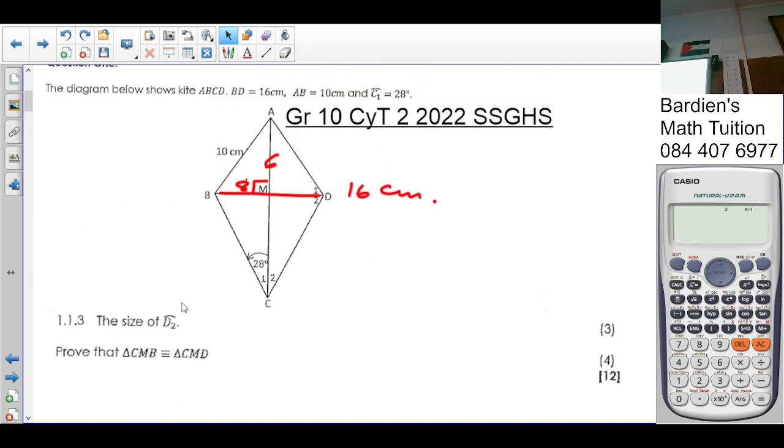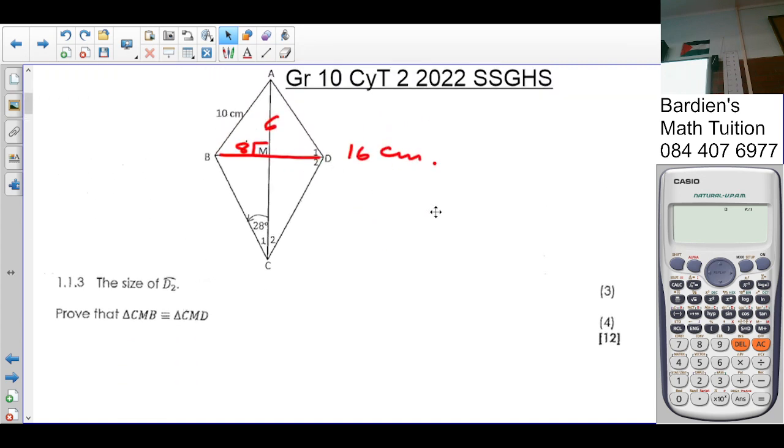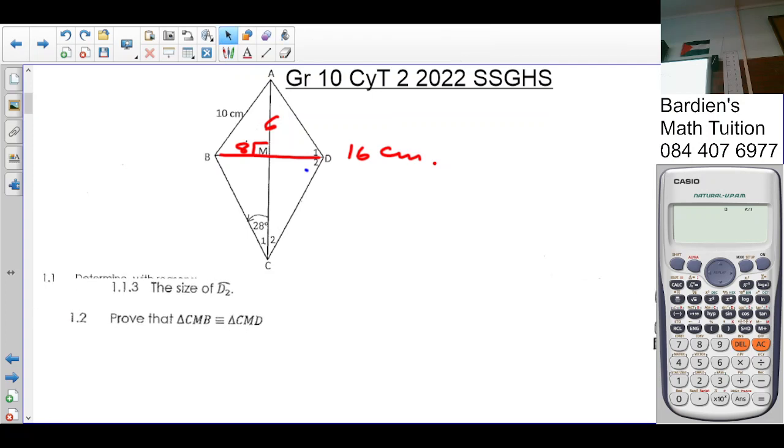The next question. In the next question we are asked to calculate the size of D2. D2 is this angle here. So we've got 90, we've got 28 here.